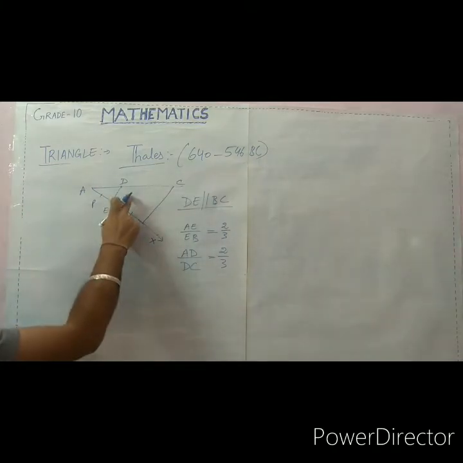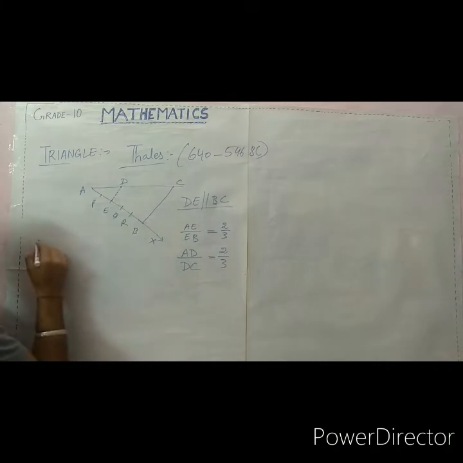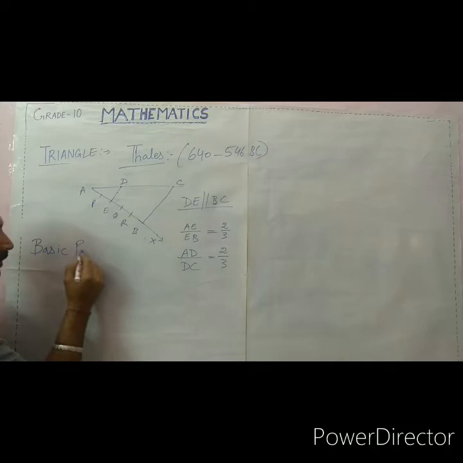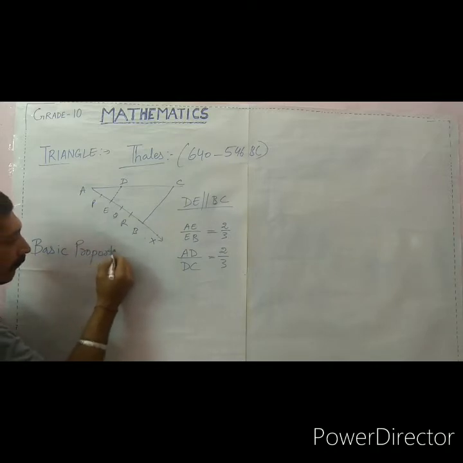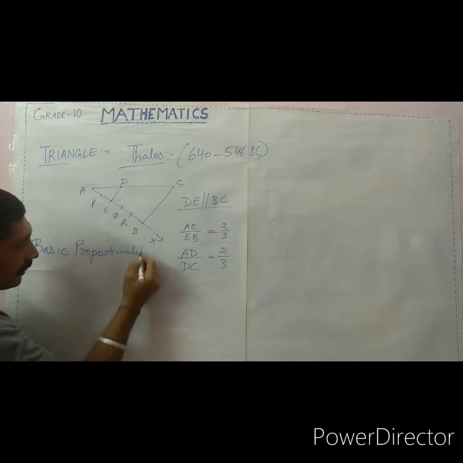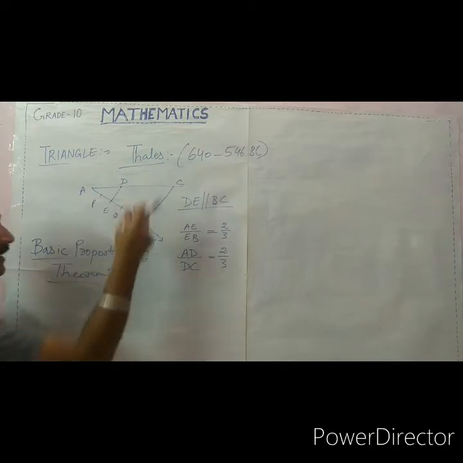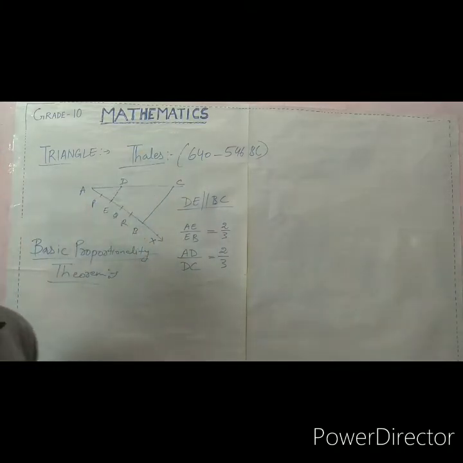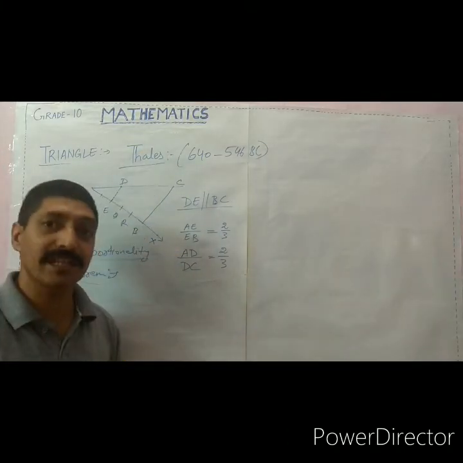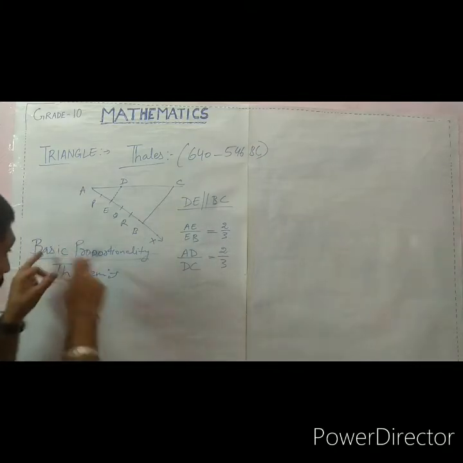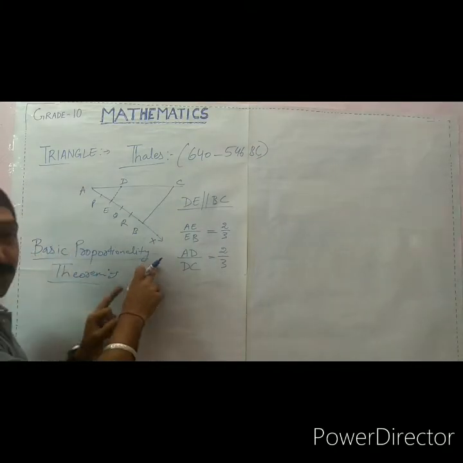This property is called the basic proportionality theorem, popularly known as Thales Theorem, on the name of the great mathematician Thales. What does this basic proportionality theorem say?